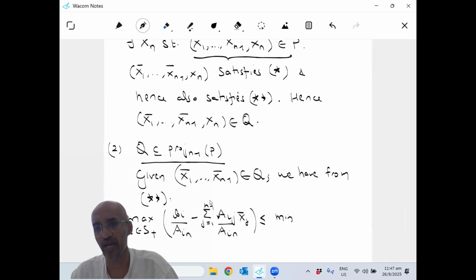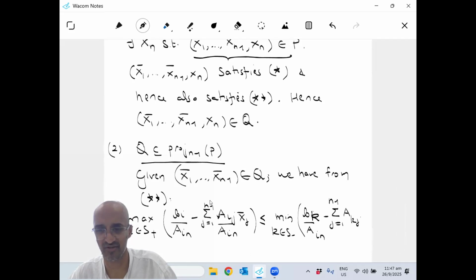and the minimum over S minus, it has to be true that the upper bounds are greater. Just be careful with the indices, but it's not particularly hard to do.